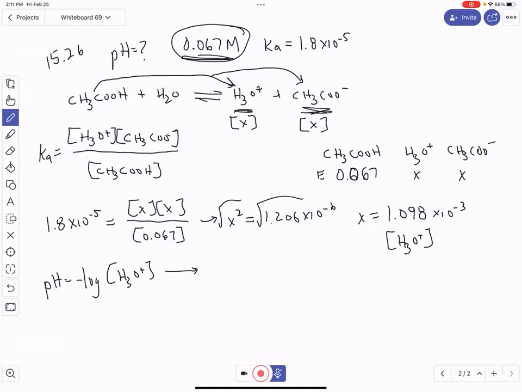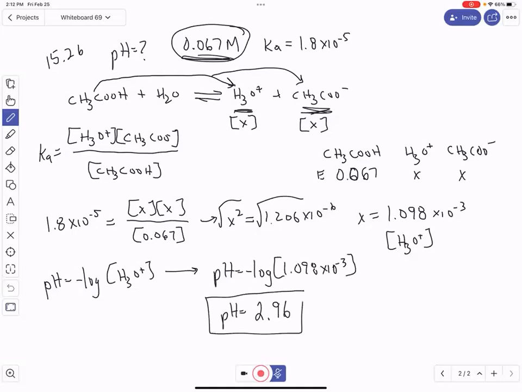So I had to find X. pH is the negative log of hydronium, 1.098 times 10 to the minus 3. All right, negative log of that, and I get like a 2.96 for the pH of that.